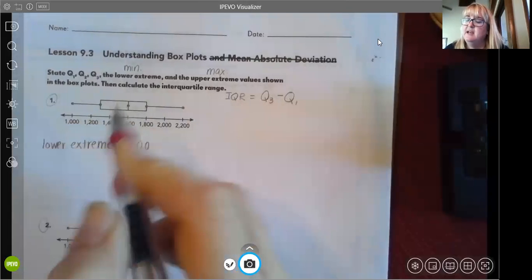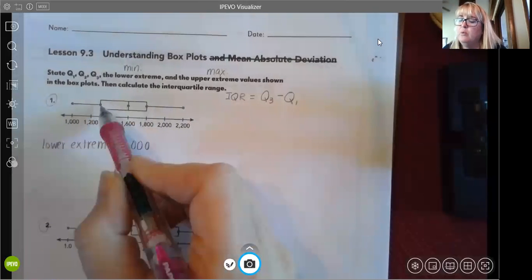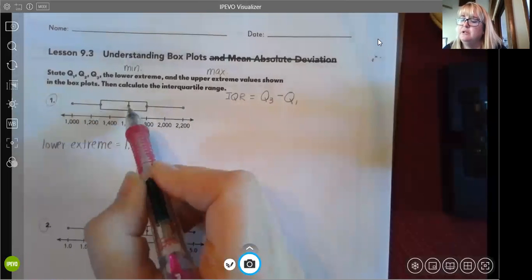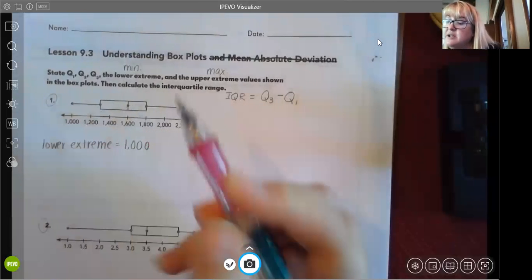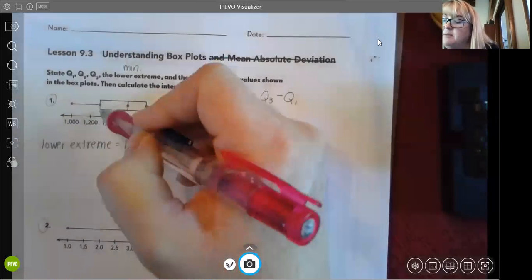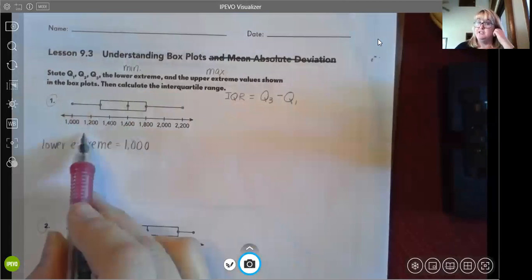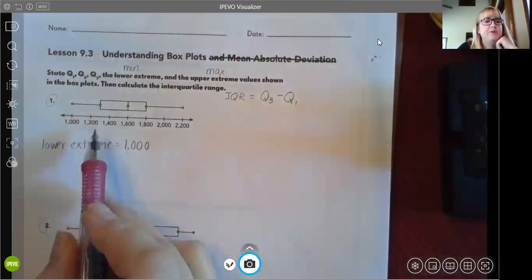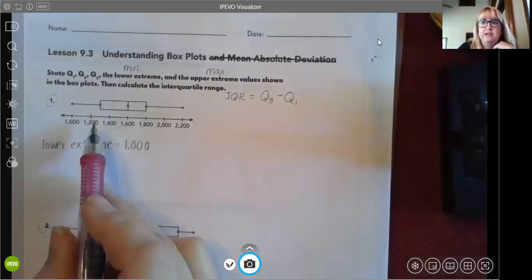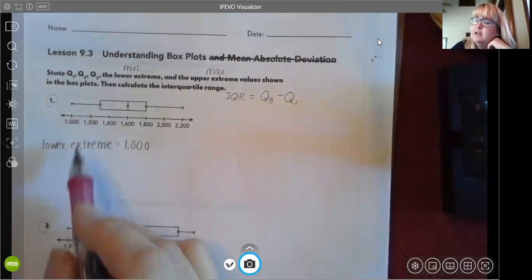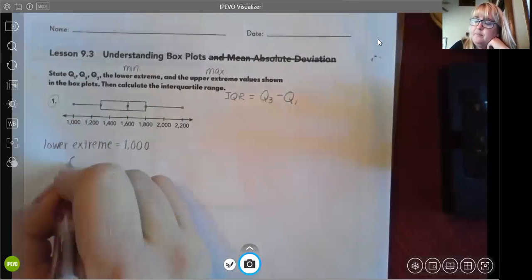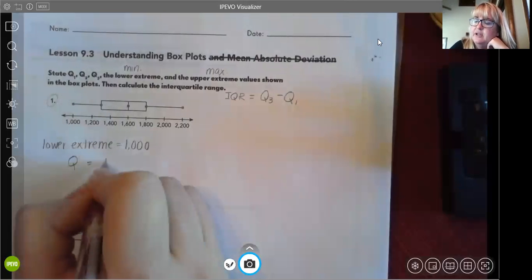This is Q1, Q2, Q3. So Q1, we're right in the middle between 1,200 and 1,400. Well, what's between 1,200 and 1,400? 1,300. So Q1 is 1,300.